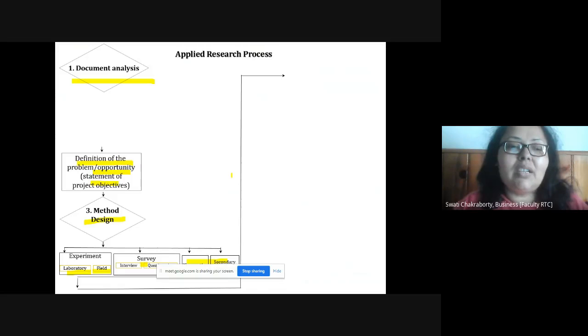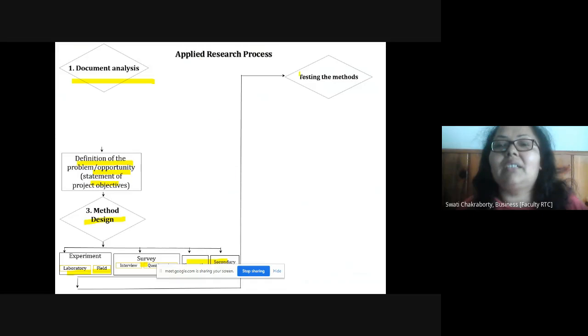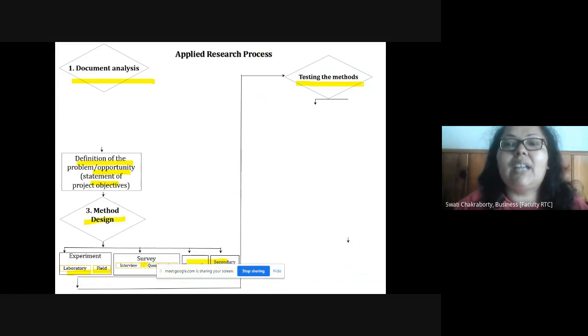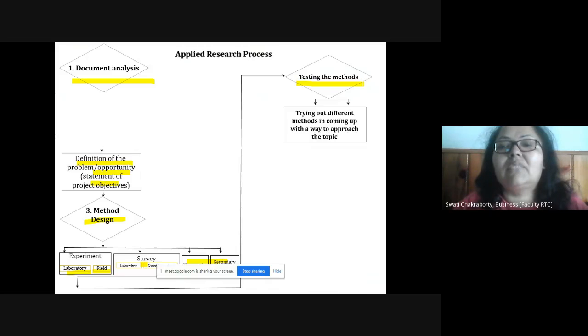Once you design your method, then comes testing the method, right? You need to test it. Now, how do you do that? You try out different methods to choose which is the best for your project.